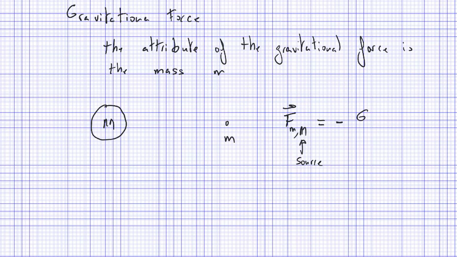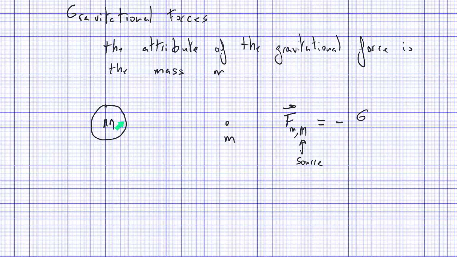About gravitational forces, we are going to review them, because maybe the best way to link the new knowledge is to link it with the old knowledge. The old knowledge that we have for gravitational forces is like this. You have a body and you give an attribute to the body, the mass.